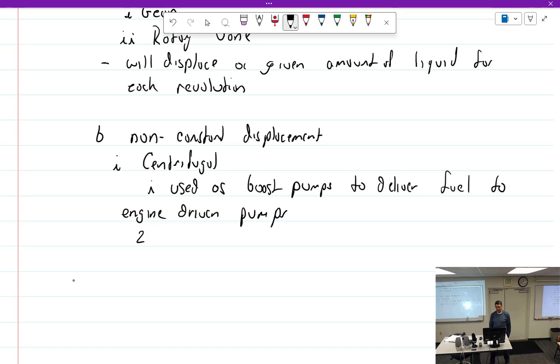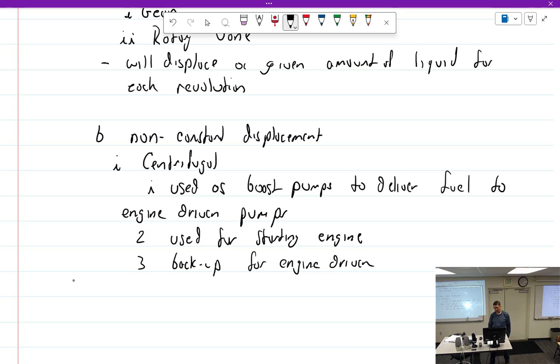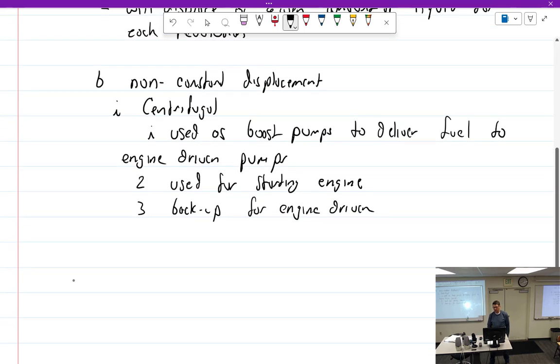Well, you need it for starting. Backup for engine-driven fuel pump, if that one should fail.